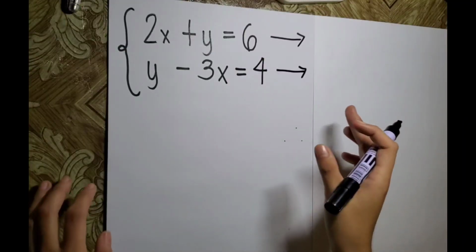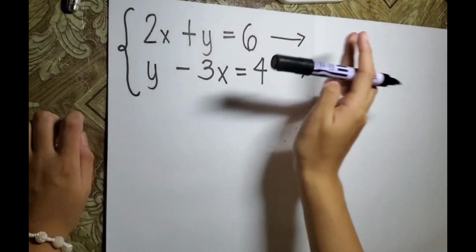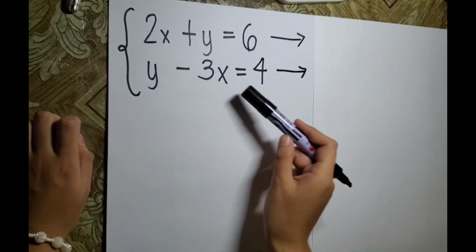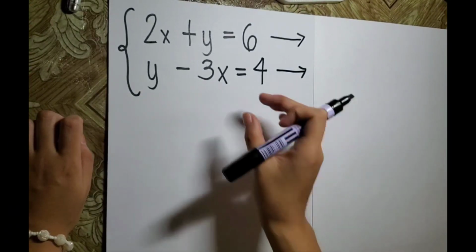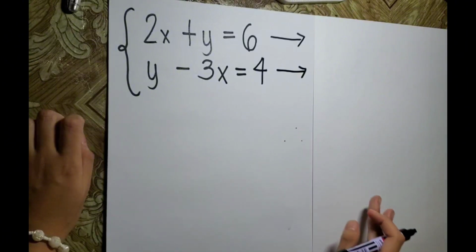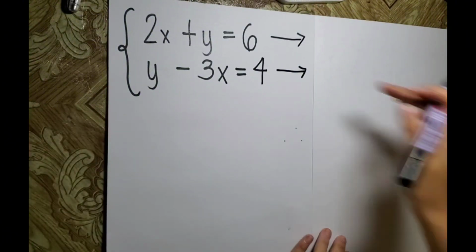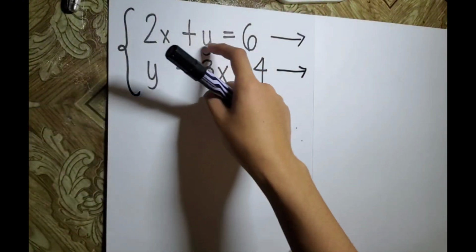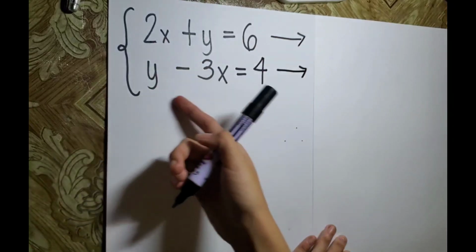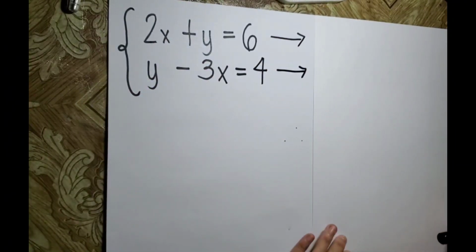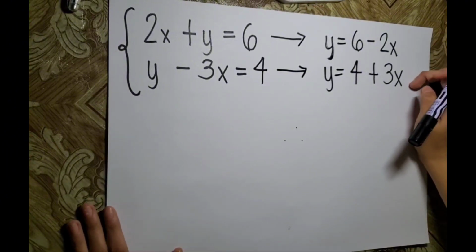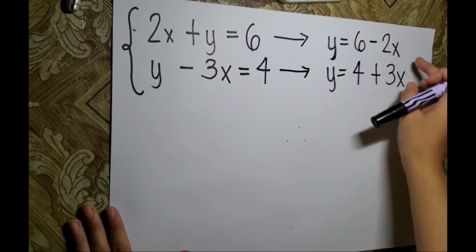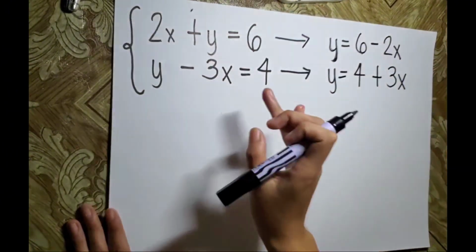Let's have an example. These are our equations: 2x plus y equals 6 and y minus 3x equals 4. The first step is to rewrite these equations into the form y equals mx plus b. This is our first equation, 2x plus y equals 6, and this is the second equation. Now, these are the slope-intercept forms, or the y equals mx plus b forms, of these equations.